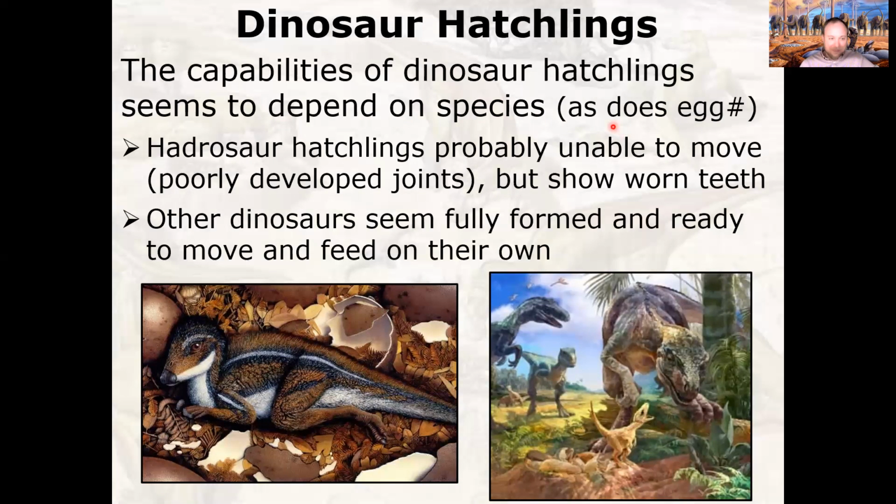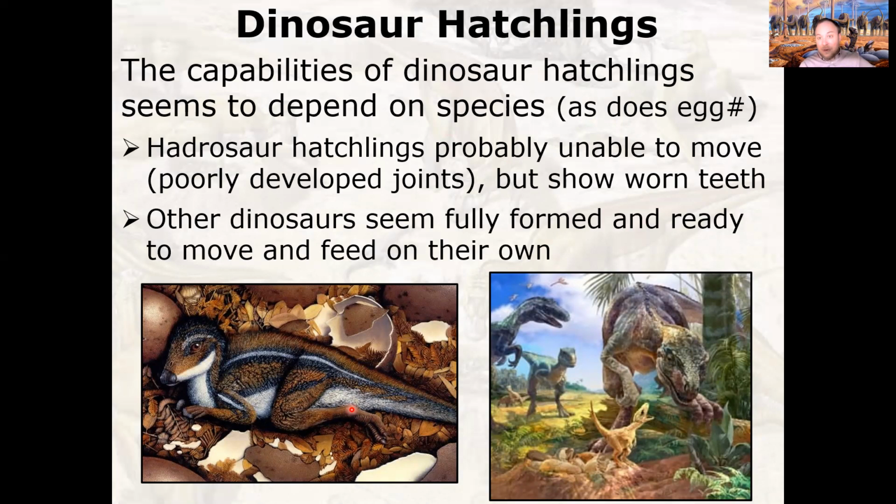For example, hadrosaur hatchlings have very poorly developed joints when they're born. Again, we see this from fossil embryos and fossil newborns, which is a very fortuitous discovery. They don't have the means to get around on their own, but they show wear on their teeth, which means that they're feeding.